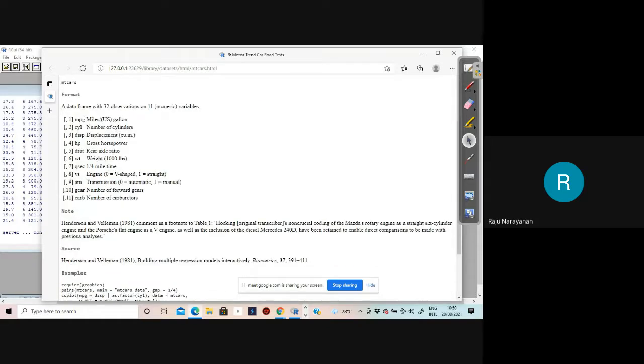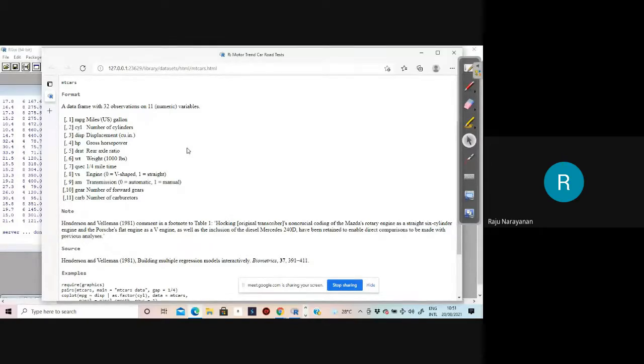A data frame with 32 observations. MPG, miles per gallon. It is in US, therefore they are not using liters, they are using gallons. Cylinder, number of cylinders. That is a part of the car. Displacement, gross horsepower, rear axle ratio, weight. Qsec, quarter mile time.